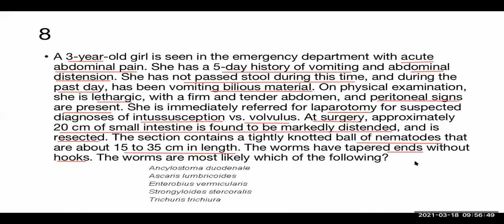They can cause malnutrition in the child because they are quite long worms and they can consume a lot of nutrition, whatever the child needs. So the child suffers from malnutrition, and sometimes they can come out of the GI tract through vomiting or while the child passes stool. That will make our diagnosis quite easier.